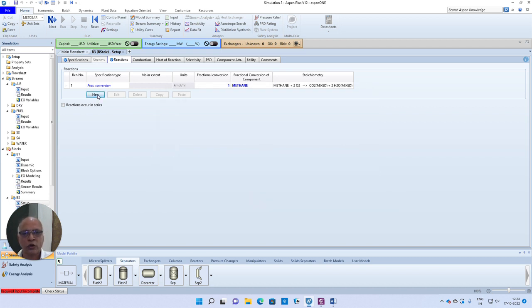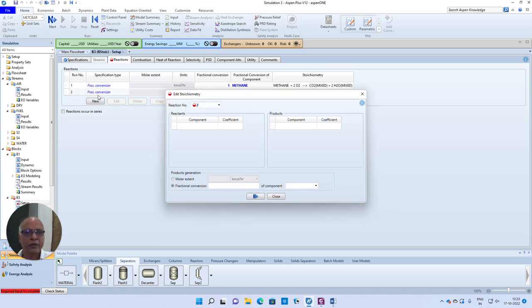Next. Similarly, I can define another reaction. So this is ethane, coefficient is 1, plus oxygen. We can find out C2H6. So 2 moles of carbon dioxide are going to form for every mole of ethane, and for water, 3 moles.